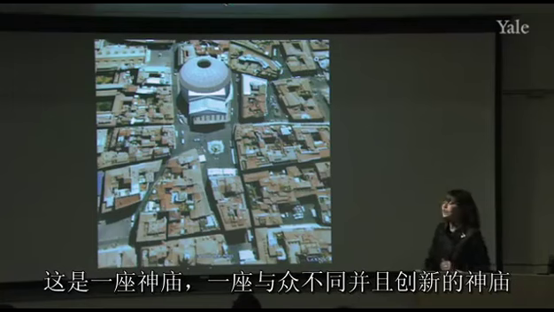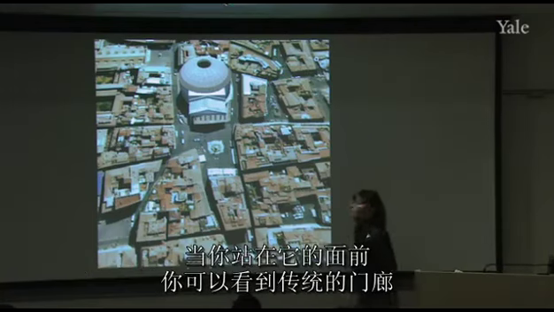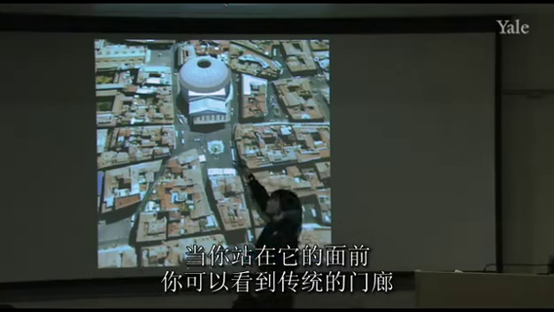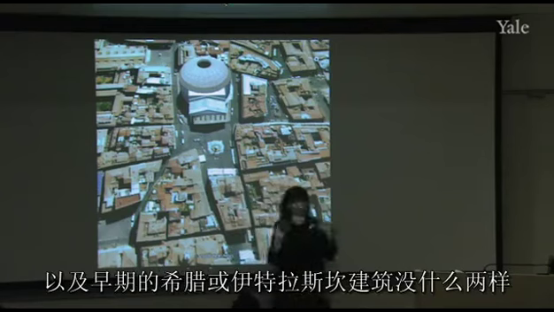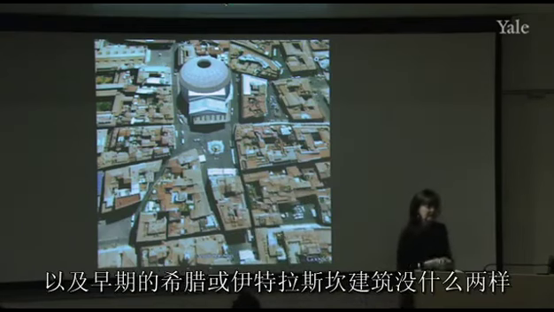It's a temple. It's a very distinctive and innovative temple because when you look at it from the front, you see it has a kind of traditional porch that is not unlike the one in the Maison Carrée, with columns that support a pediment and looks like earlier Greek or Etruscan architecture.